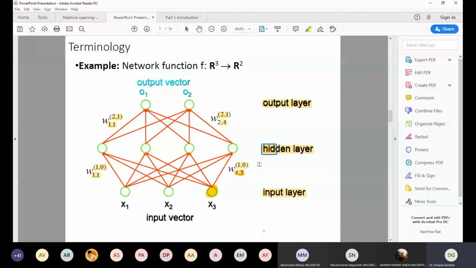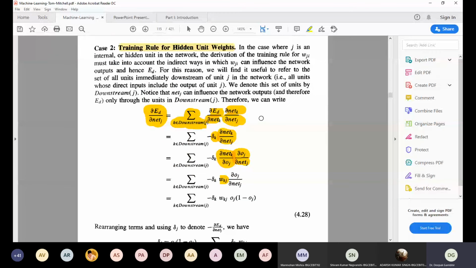Whereas in the other case, from the hidden to the output layer, we are considering the outputs of the hidden layer as the inputs.